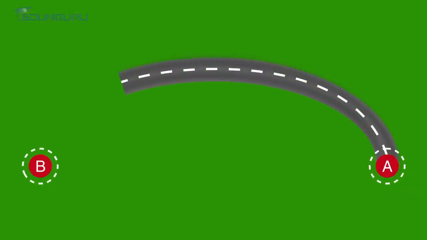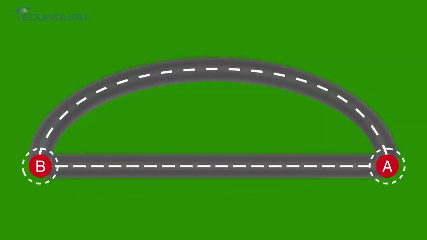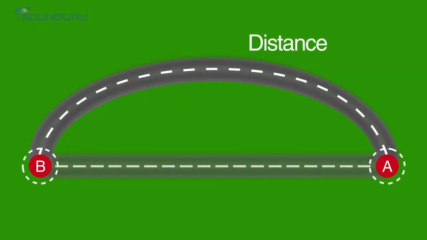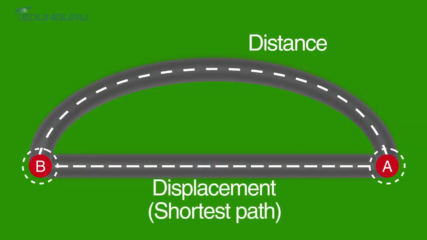There are two ways. First, I will go like this and reach here. The second is, I will directly go here. Now see, the one in which I went from this to this place is the distance covered, while this one was the shortest path, that is the displacement.